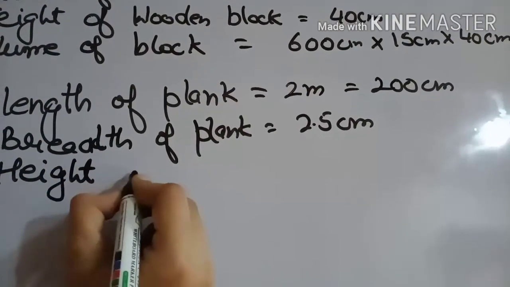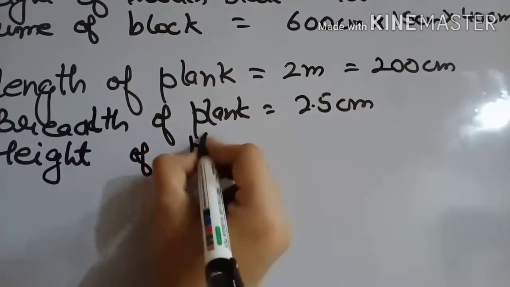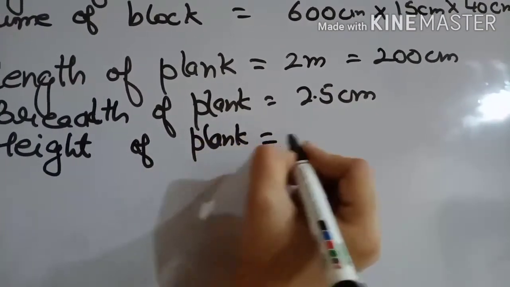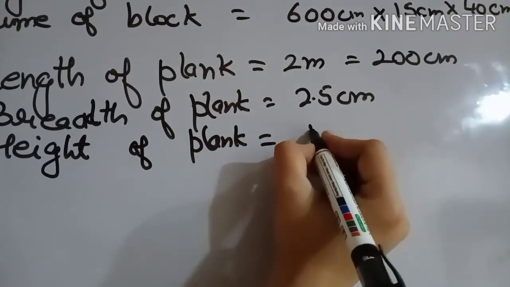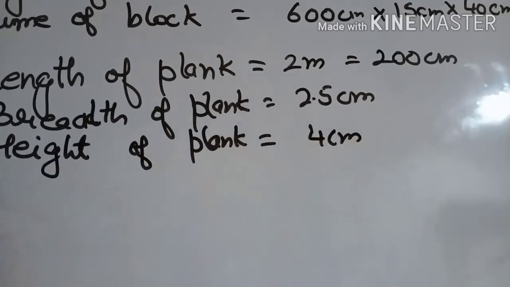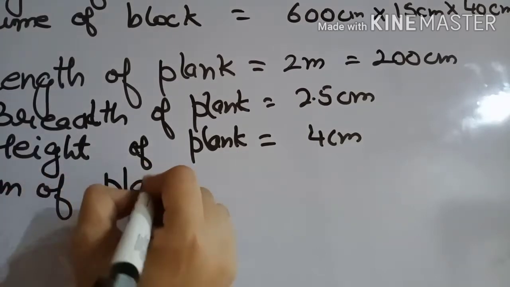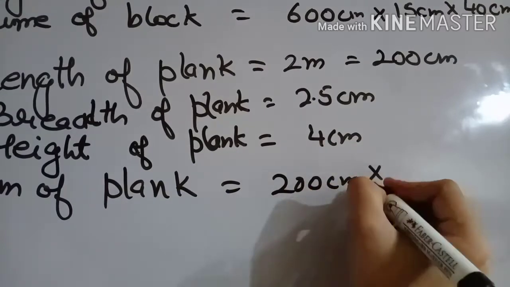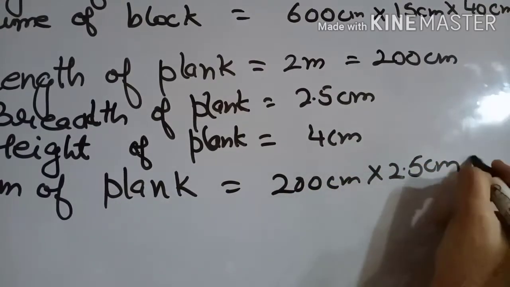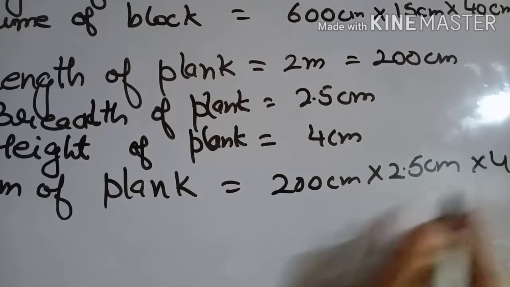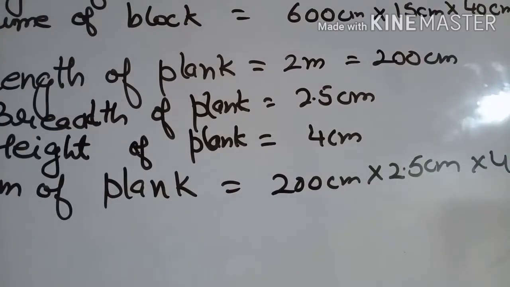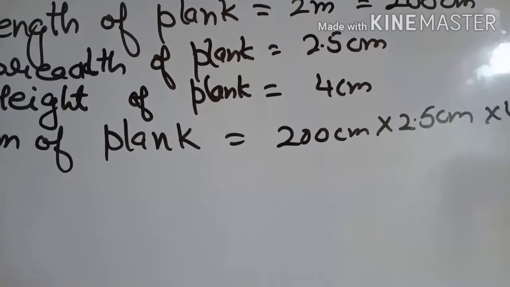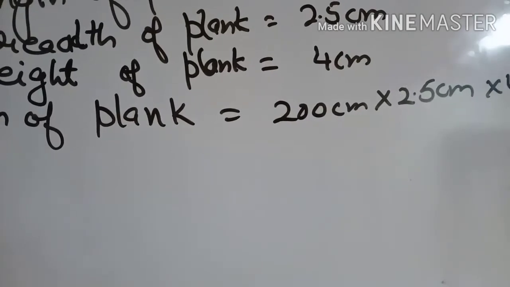Height of the plank is 4 centimeter. Now the volume of a plank is equal to 200 centimeter multiplied by 2.5 centimeter multiplied by 4 centimeter, because the volume of a cuboid is length into breadth into height. We have to find the number of planks.